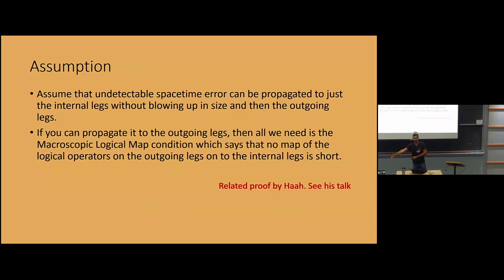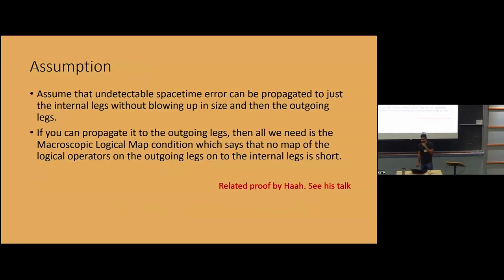So if there is something undetectable and you move it all the way to the outgoing code, that means it has to be either a stabilizer or logical if you are able to propagate it, right? So if it was short, and you map it all the way to the logical operators on the outgoing code, meaning that there is a logical operator in this outgoing code which maps onto a short operator on the internal legs, those are the cases which we have explicitly avoided.